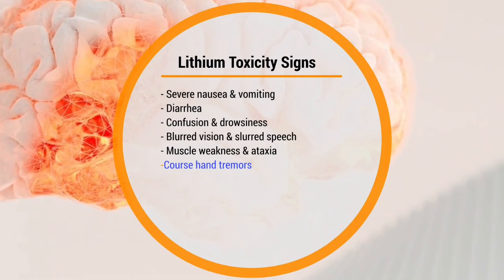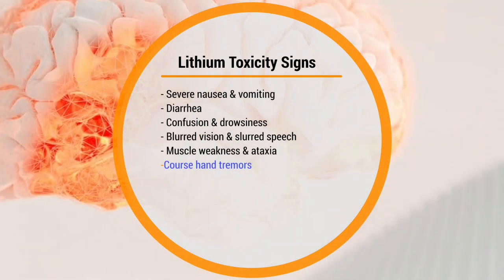Now, when it becomes toxicity, it becomes severe, right? So you have severe nausea, vomiting, diarrhea, confusion, drowsiness, blurry vision, or slurred speech, muscle weakness, ataxia, and coarse hand tremors. Okay, so the patient may develop difficulty walking, right? Ataxia.